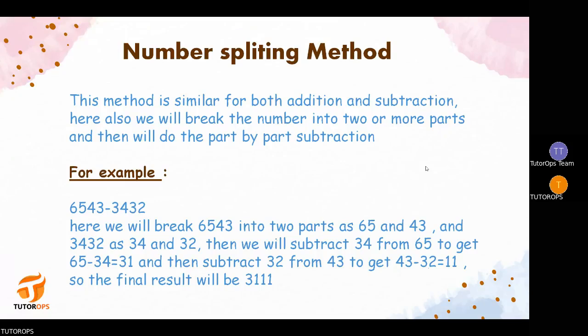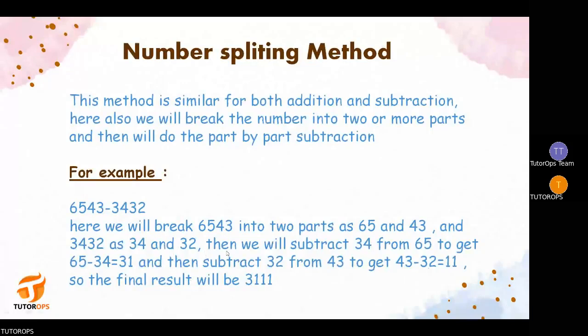We are not defining any other addition or extra subtraction method or any other algebraic operation on it. We are just breaking it. So just put an imaginary line in the middle of 6543. It will divide the number as 65 and 43. And for 3432, it will be treated as 34 and 32.